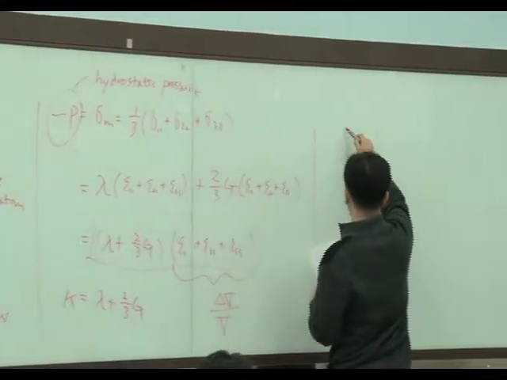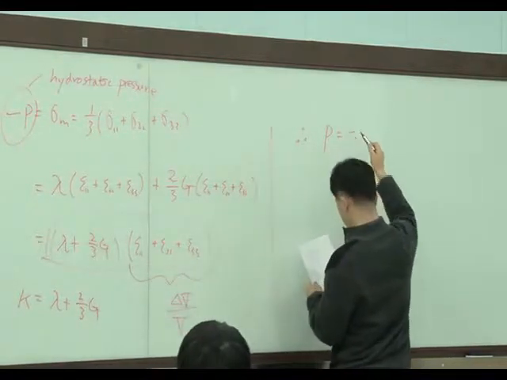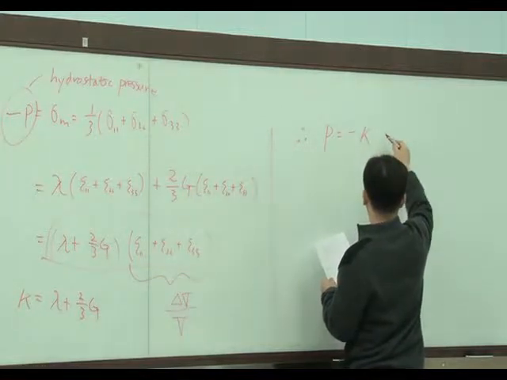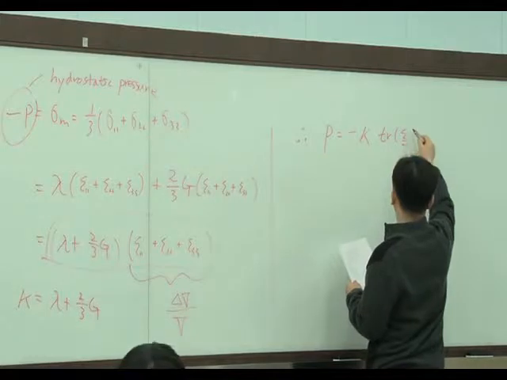So finally, P becomes minus K times the trace of the strain matrix.